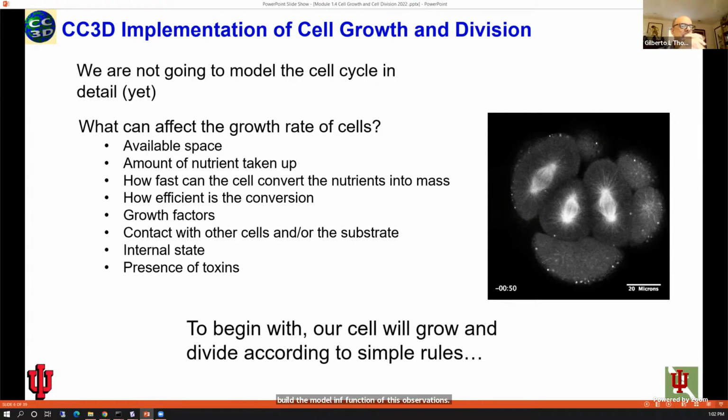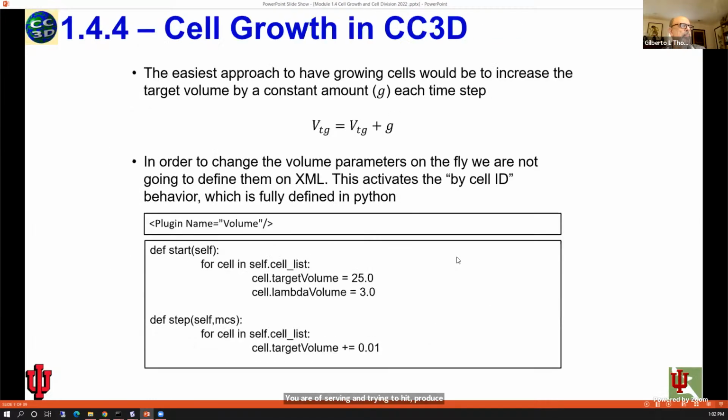Of course, we always start to build models in the simplest way. Usually the simplest way is the best way. So the rules must be simple at the beginning, then as long as the initial model works, you implement more features in the model, including more properties of the cell, of the system you are observing and trying to reproduce.